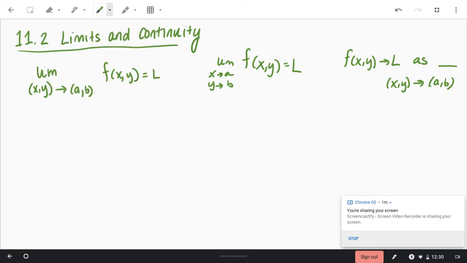We also have your whole idea of limits existing.